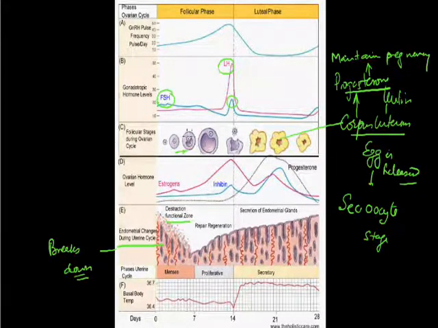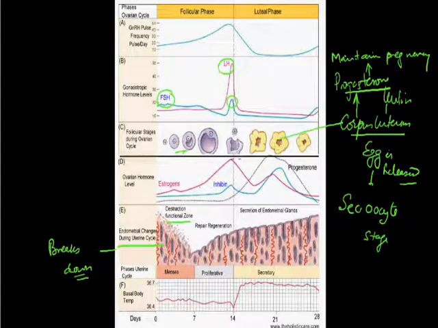So we have seen the development of egg, maturation of egg, then release of egg, that is ovulation, and after ovulation this Graafian follicle is converted into corpus luteum. In case fertilization does not take place, the levels of progesterone come down very sharply.